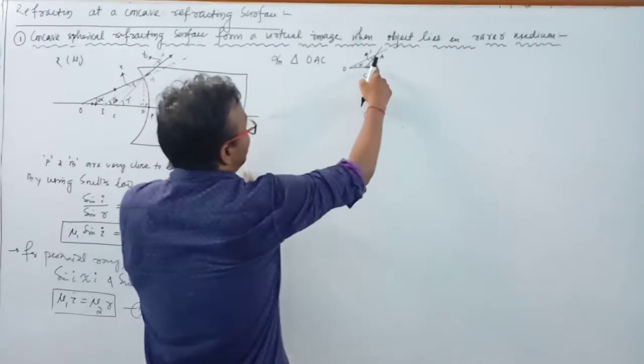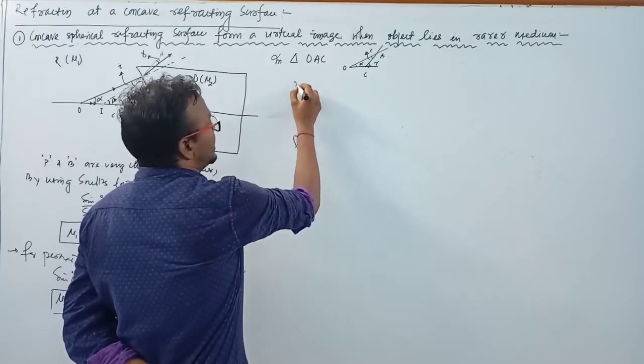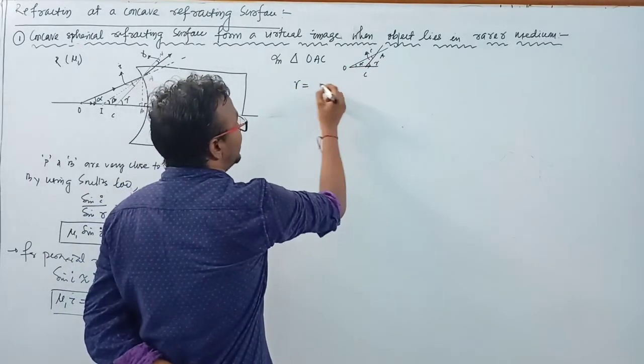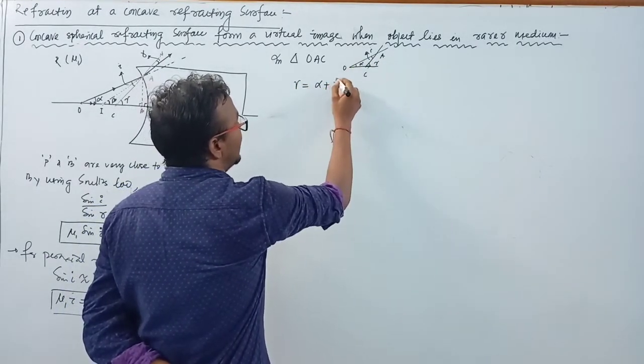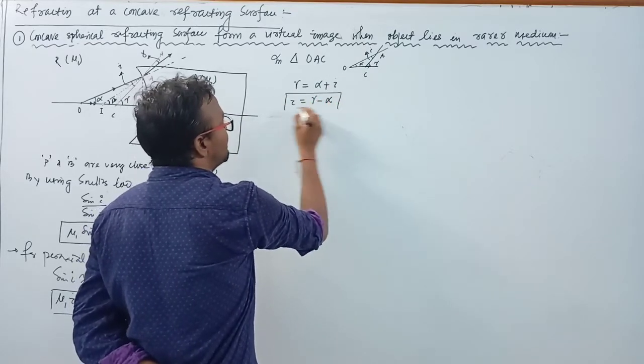We already know gamma is an exterior angle, and the exterior angle gamma is the sum of the two interior angles, alpha plus the angle of incidence. So i equals gamma minus alpha.